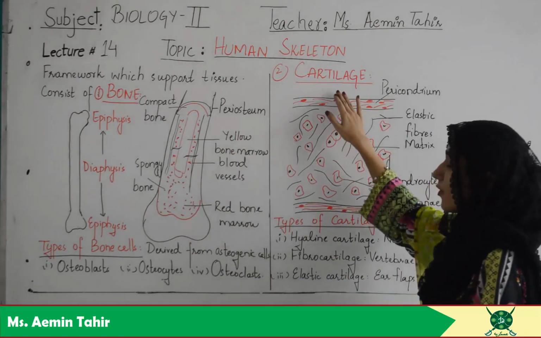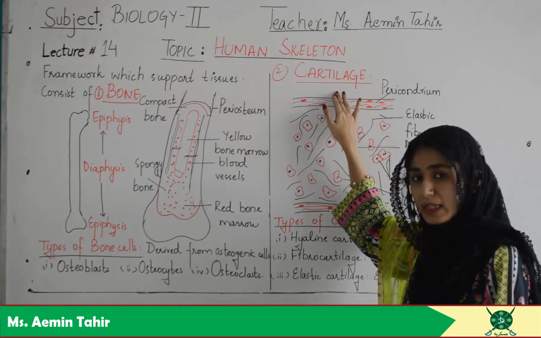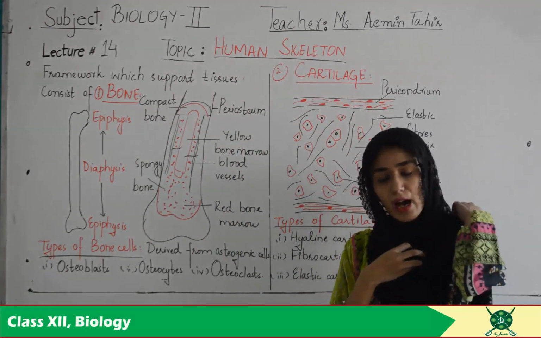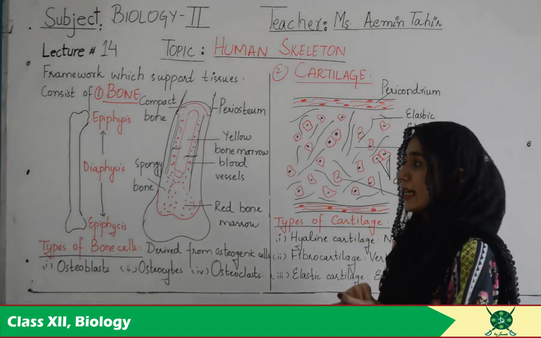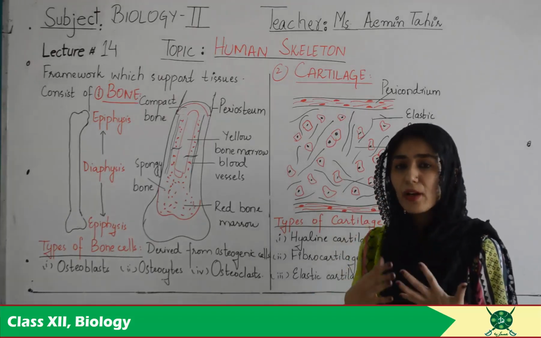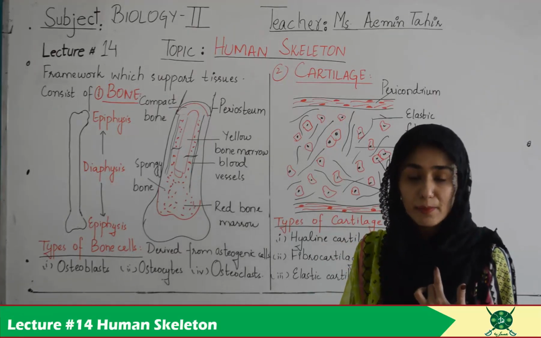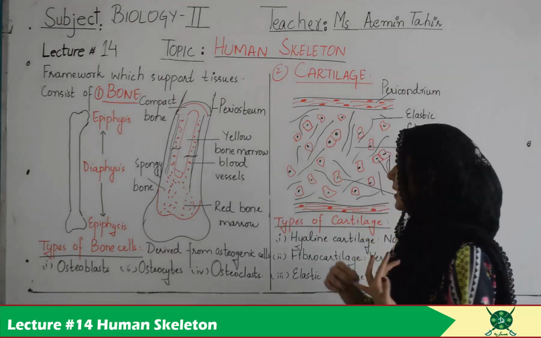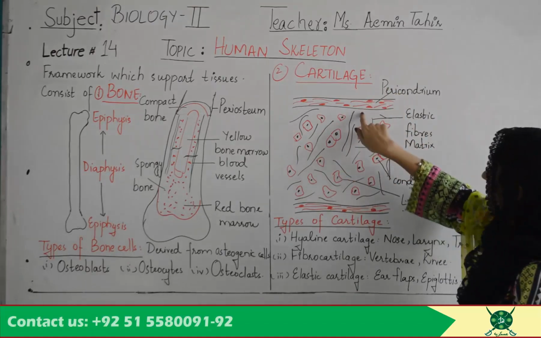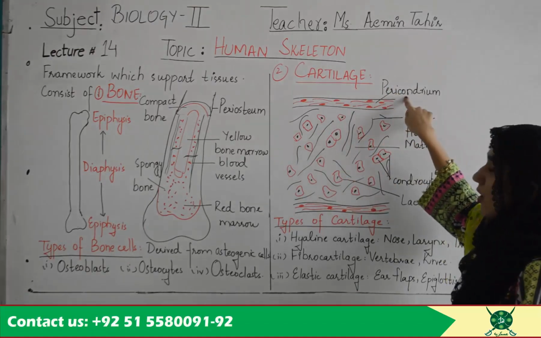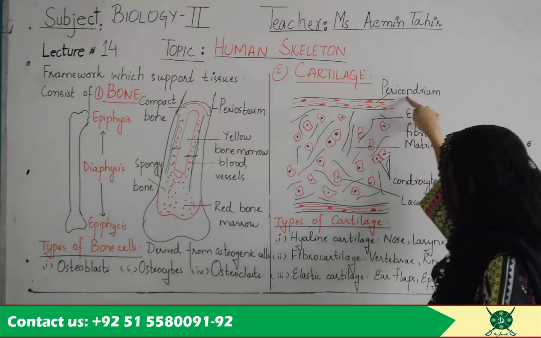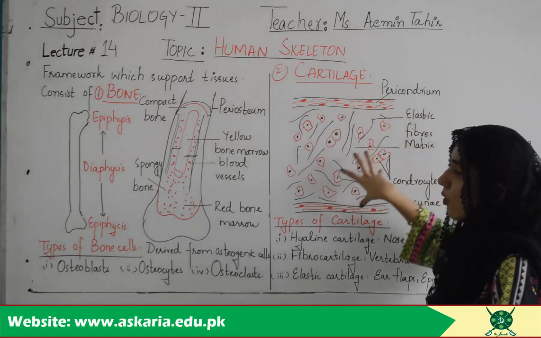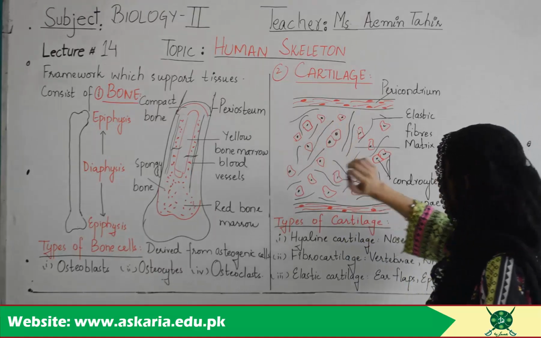Second major part of the skeleton is cartilage. Cartilage is less hard than the bone. It is not that hard because of the presence of a gel-like matrix as well as elastic fibers, and it has a covering of connective tissue which is called perichondrium. Perichondrium surrounds the whole structure.